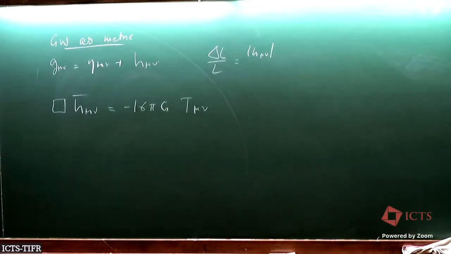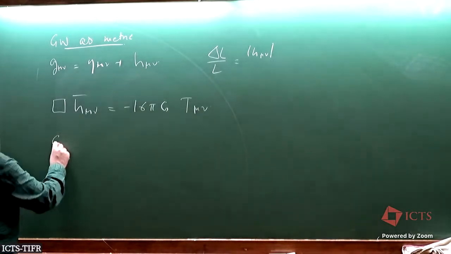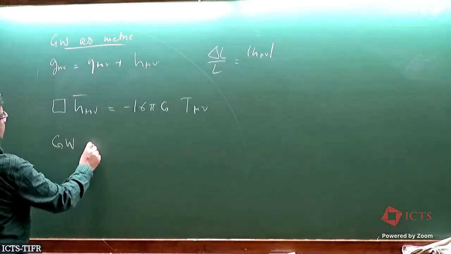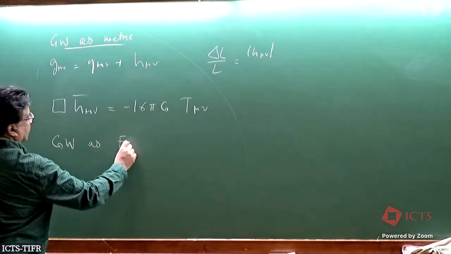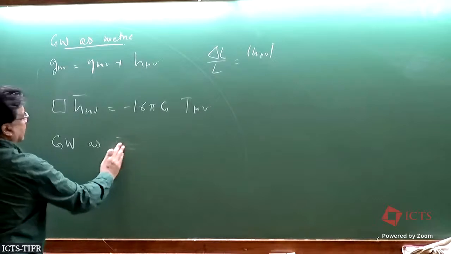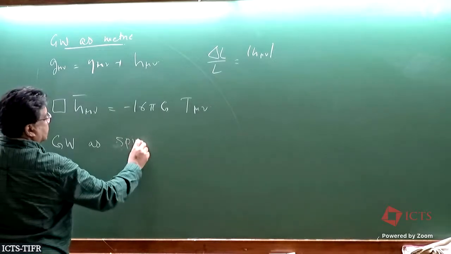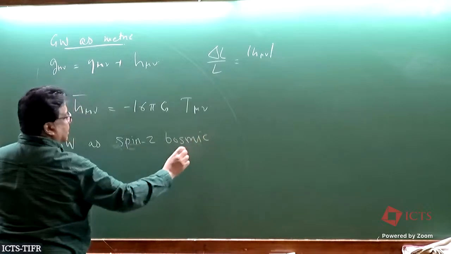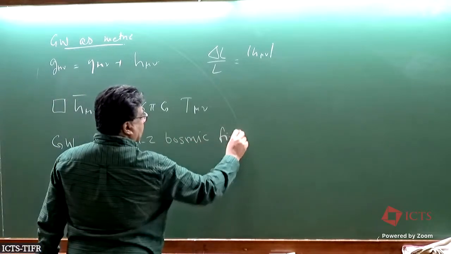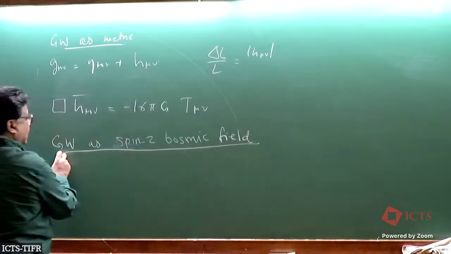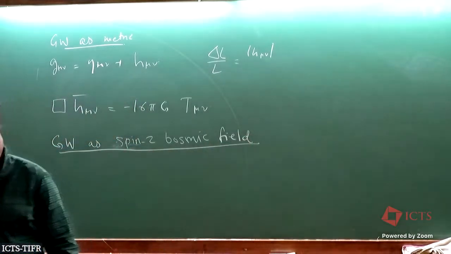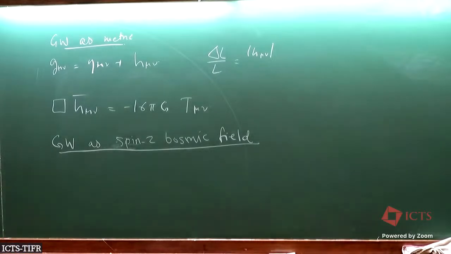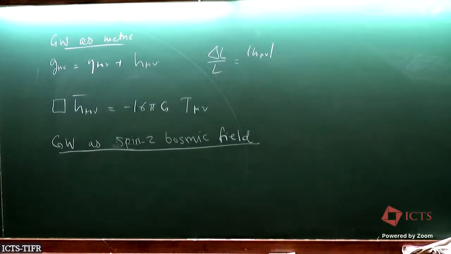So another way is to treat GW as a field. Spin 2 bosonic field, which is classical to begin with, but you can also quantize it and then derive Feynman diagrams with that.